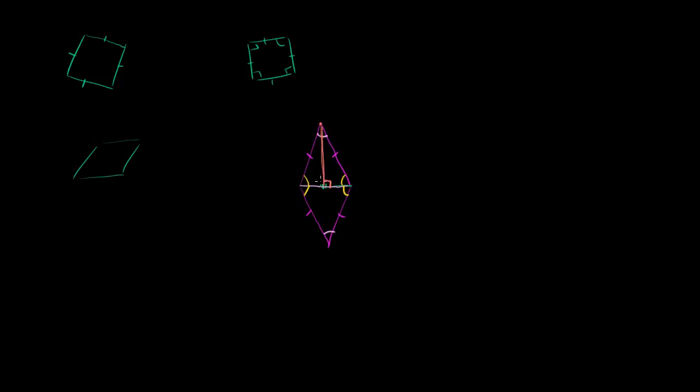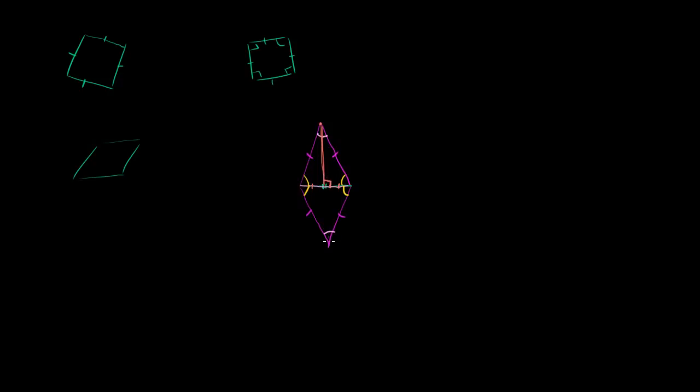If you drop an altitude from the top, or the unique vertex, in an isosceles triangle, you will split it into two symmetric right triangles that are essentially the mirror images of each other. You will also bisect the opposite side. This altitude is in fact a median of the triangle.